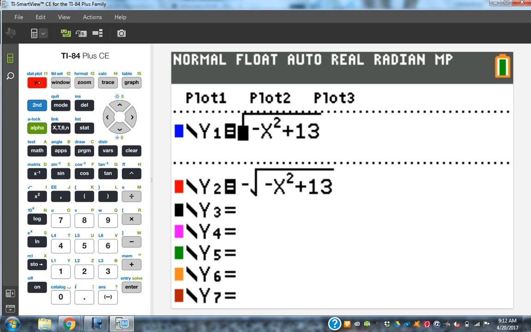I don't know what it was doing, but I cleared all the memory and I don't know.